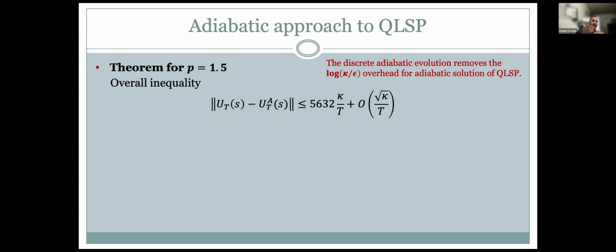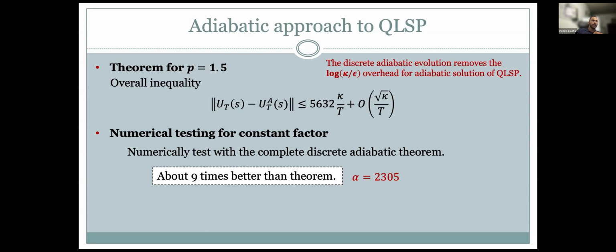The downside is that you have really large constant factors that come from the several approximations we had to use in our derivation of the discrete adiabatic theorem. I also tested a tighter version of our discrete adiabatic theorem that applies fewer approximations, and you could reduce the constant factor by 9 times, but it's still large.